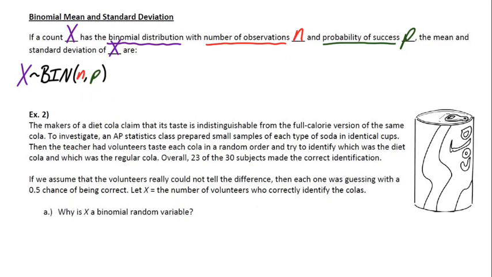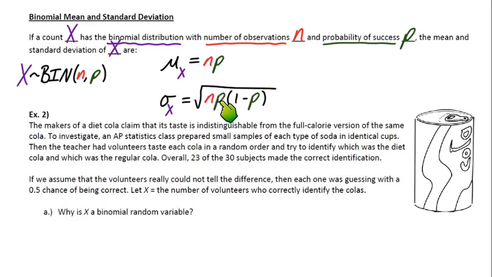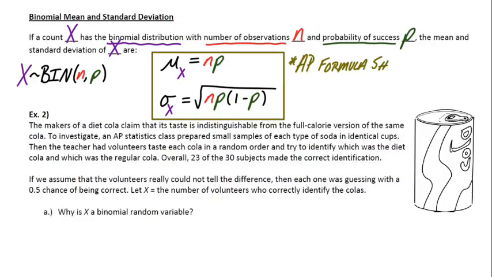I hope you like my color coding. The mean of x, and this is actually on the formula sheet as well, the mean is just n times p, the number of observations times the probability of success. The standard deviation of x would just be the square root of n times p times 1 minus p. And both of these are actually on the AP formula sheet.